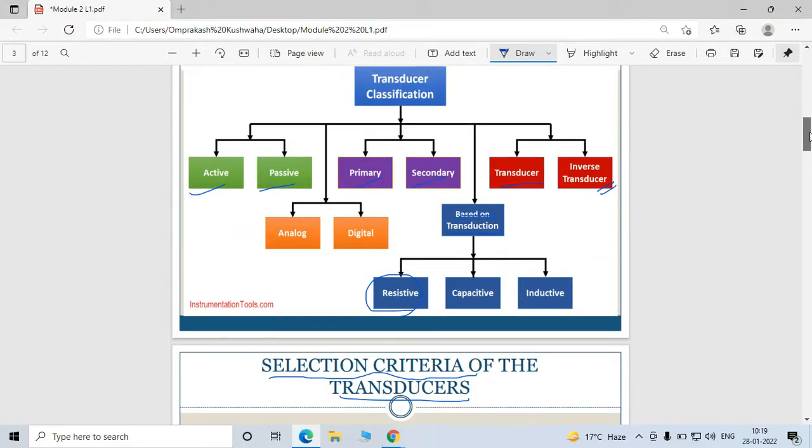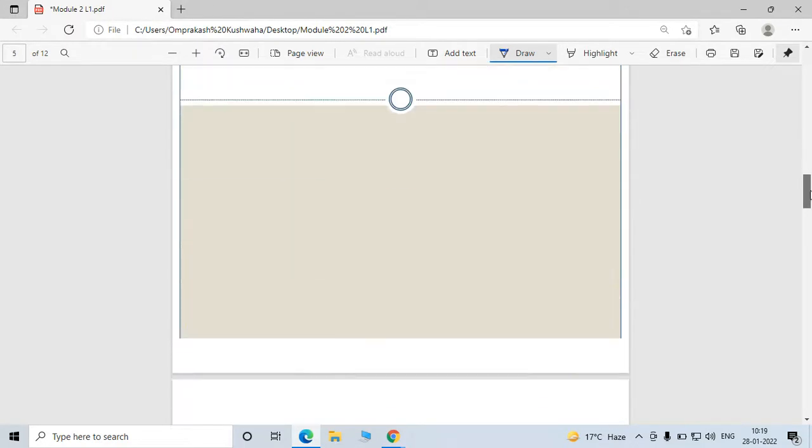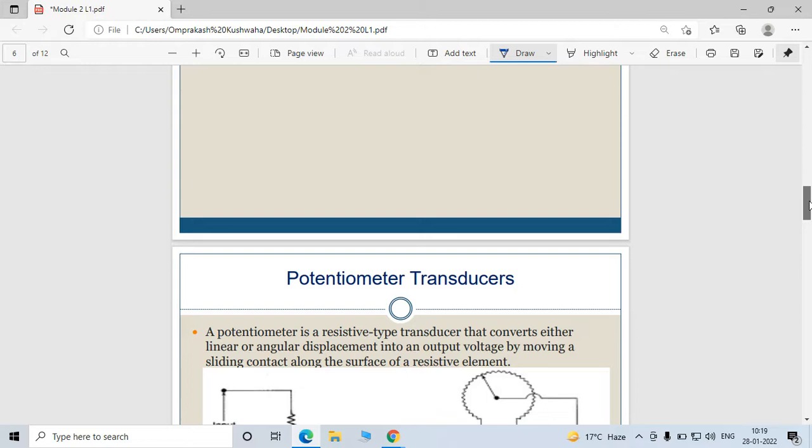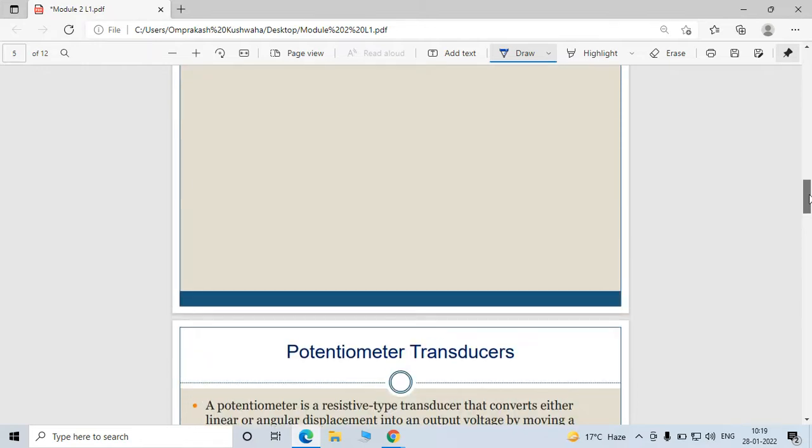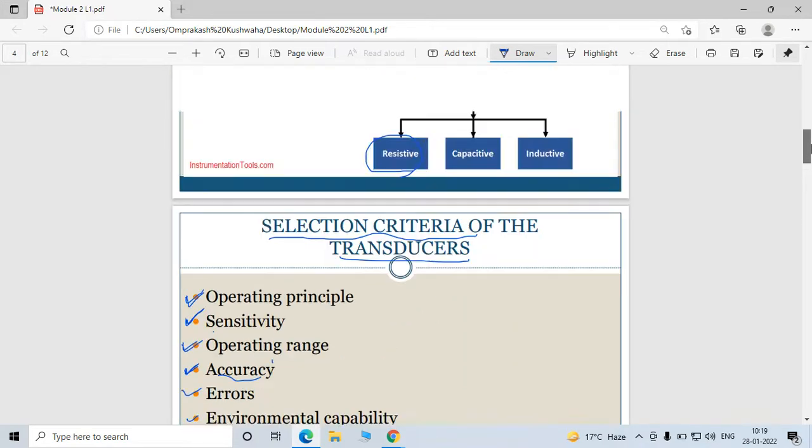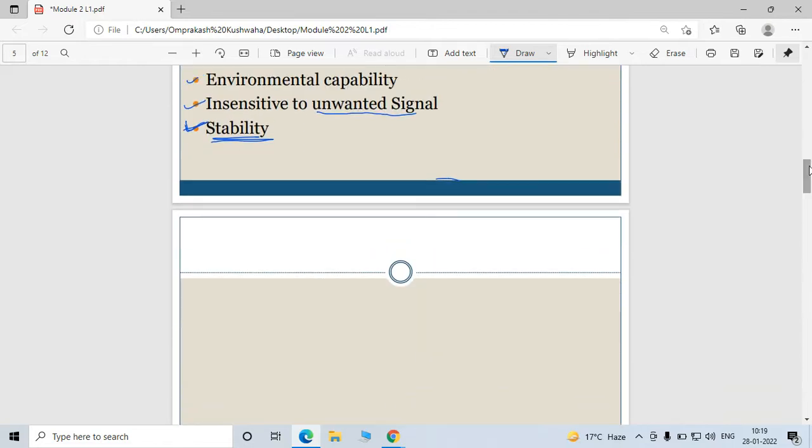Now, if I talk about the resistive transducer, it is an electrical transducer.